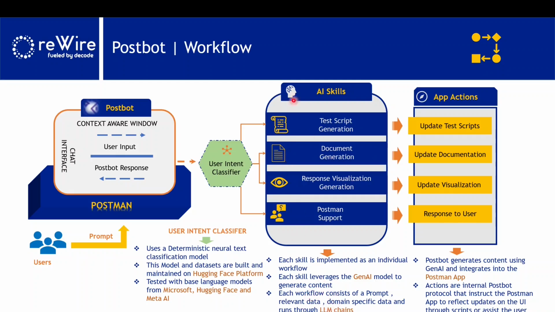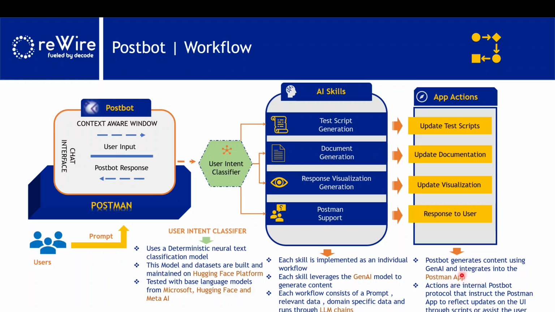That means it has to understand the intent and feed it to the particular GenAI with the help of the large language models, and then process the actions further. In the actions model, it generates the content using the GenAI and integrates it into the Postman app.